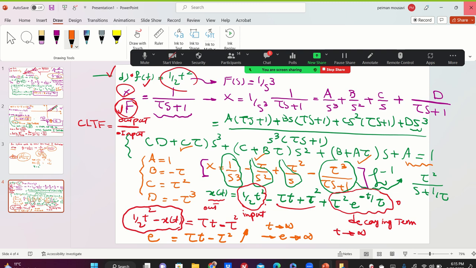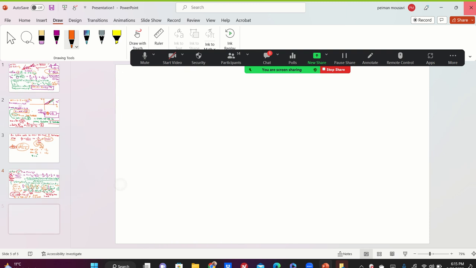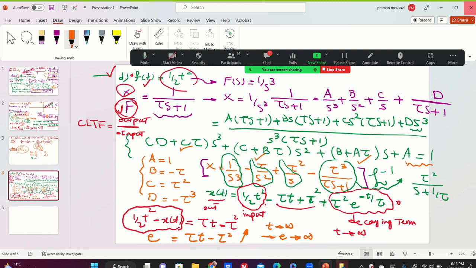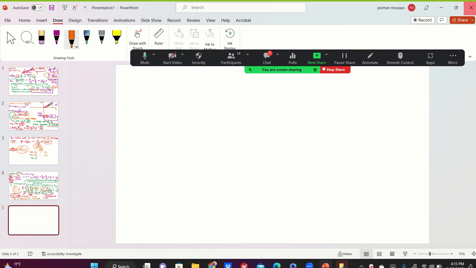Yes? So, mathematical proof of this, can I go to the next page? Yes. So the mathematical proof of this is again the steady state error signal: the limit of s times F of s, the input to the system, over 1 plus G open loop, when s goes to 0.